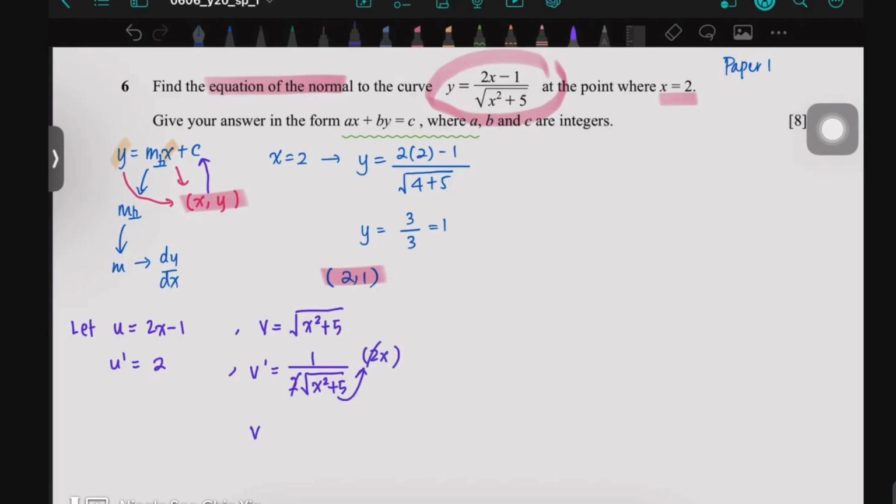Simplify my v prime, I will get x over root of x squared plus 5. Okay, done. So I now start to differentiate.